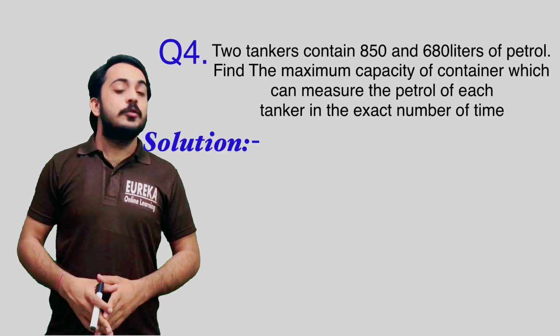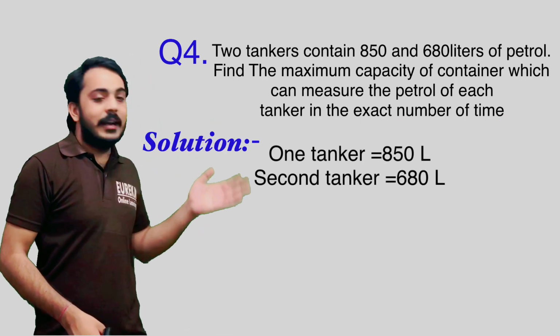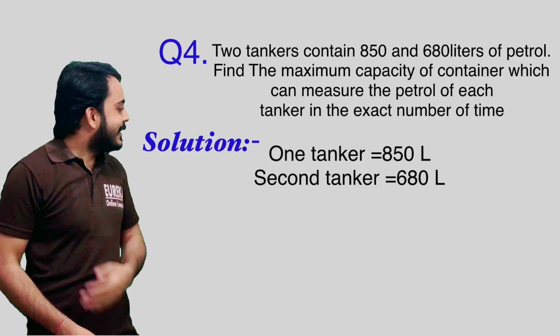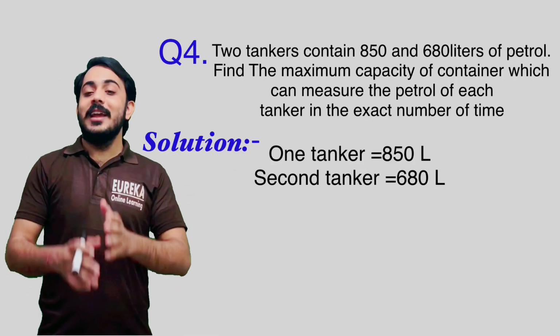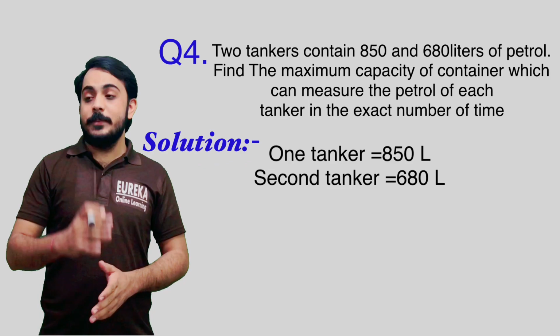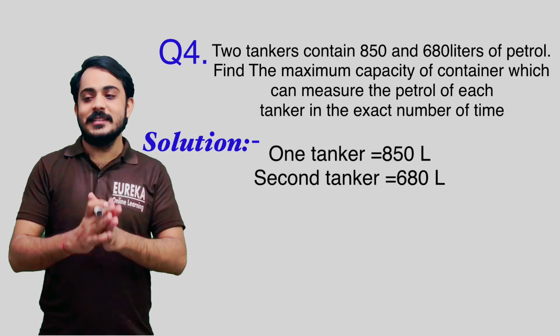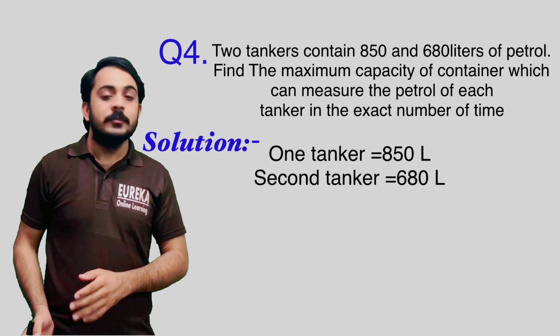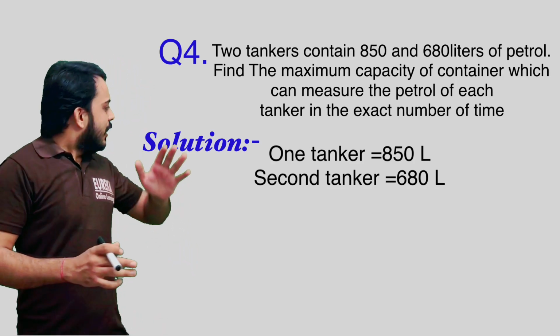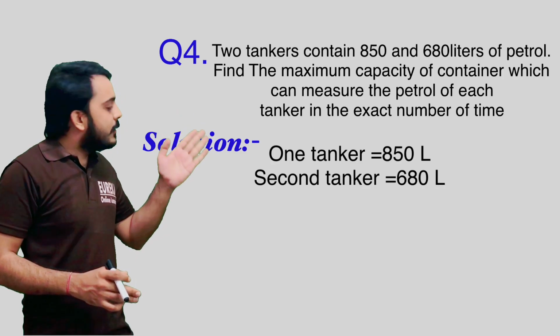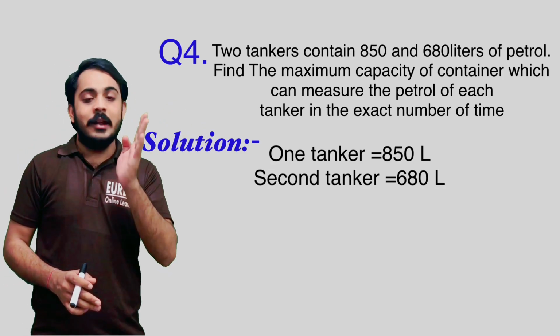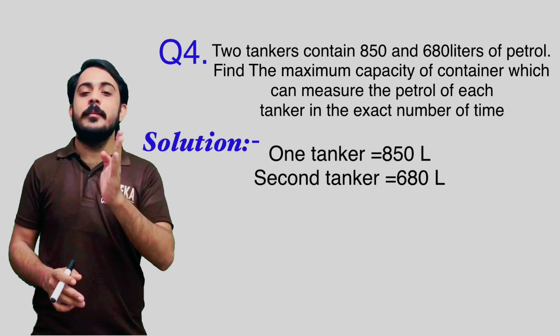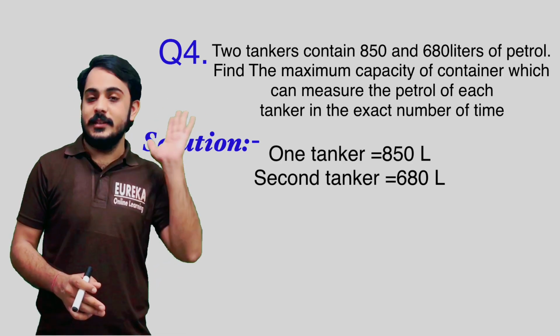There are two containers. One container contains 850 liters and the second contains 680 liters. We are going to find the maximum capacity of a container which can measure the petrol of each tanker in an exact number of times. The question asks about the maximum capacity, and wherever we see maximum or greatest, we find the HCF.